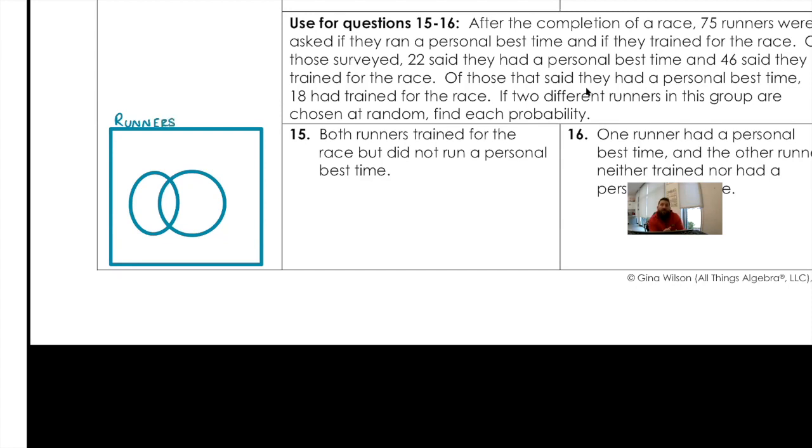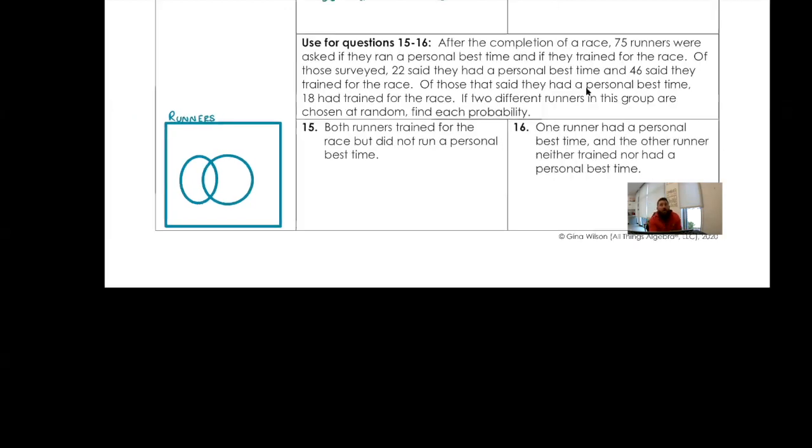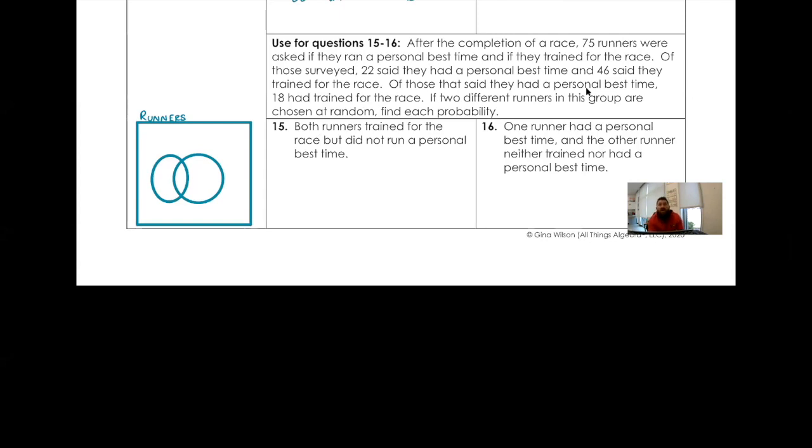Okay, and of those runners, 22 said they had a personal best. So personal best was 22. And 46 said they trained. But remember, 18 of them had a personal best and trained. So that 18 is going to go in the middle. But because we can't double count them, we're going to take 18 away from both.